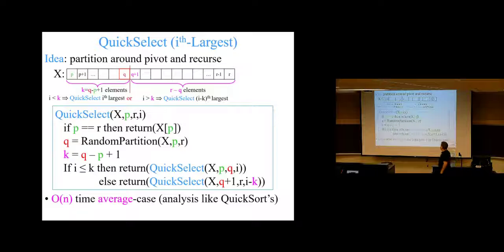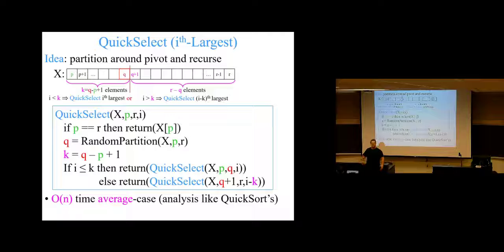Now, why is the time O of n on average? The analysis is very similar to that of quicksort, except with quicksort you recurse on both portions. I shouldn't say halves because that implies that they're equal. They're not necessarily equal, so it's two portions, one portion and the other portion. In quicksort we recurse on both portions separately. In quickselect, this algorithm, we only recurse on one or the other, but not both.